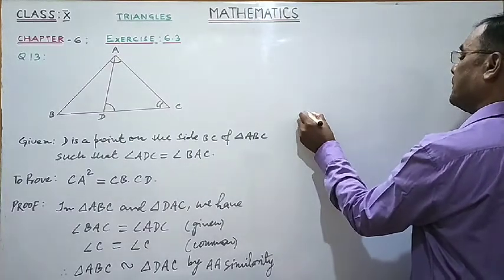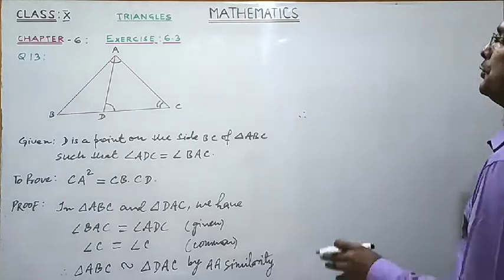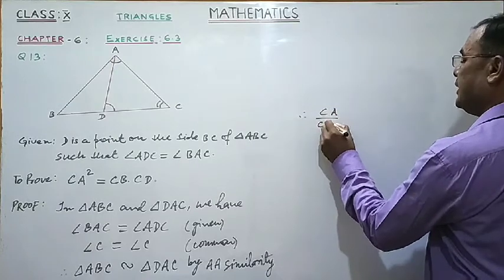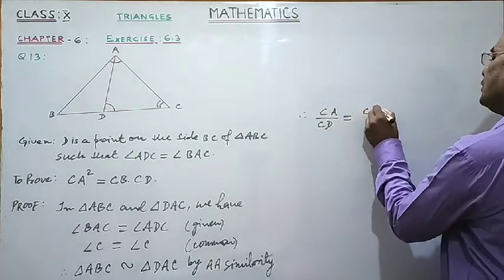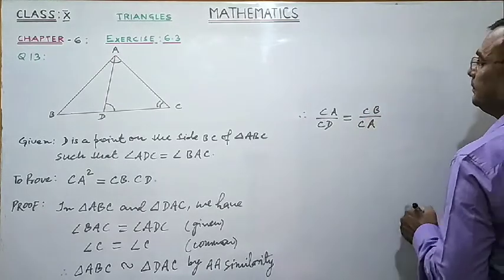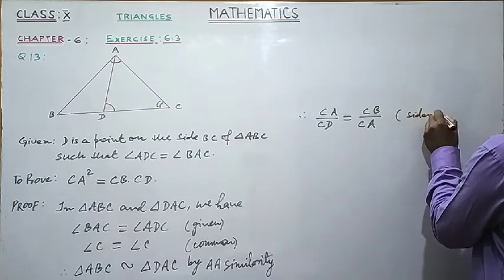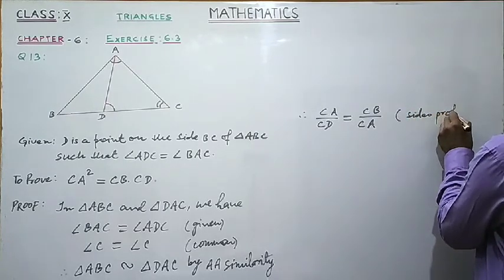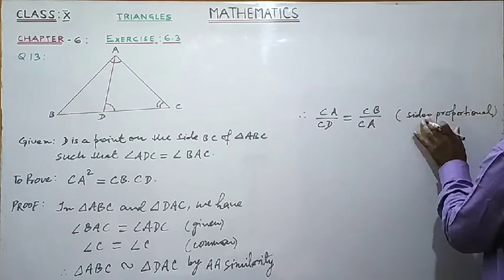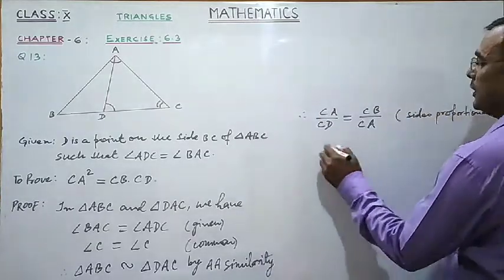Therefore, sides of two similar triangles will be proportional. So CA by CD is equal to CB by CA. Sides proportional means sides of two similar triangles are proportional.